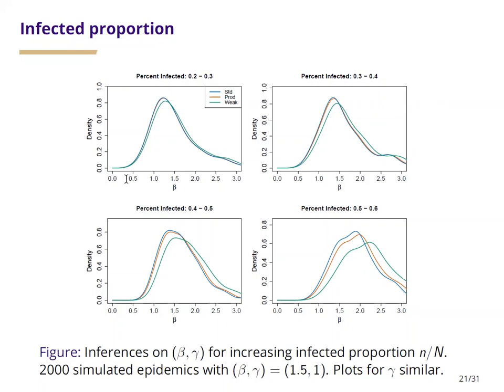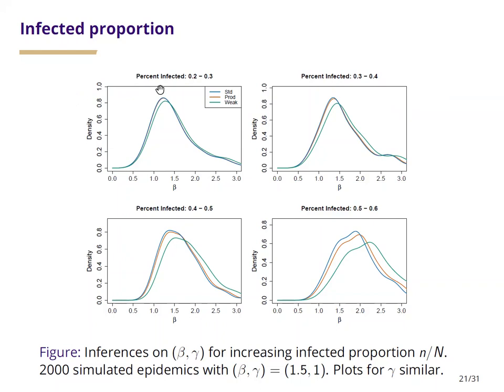I subset according to the infected proportion to get these various deciles, comparing between the standard, product, and weak likelihood approximations. Since they're approximating the same likelihood, we should expect that they arrive at the same maximum likelihood estimate, which they do for epidemics with fewer people infected.